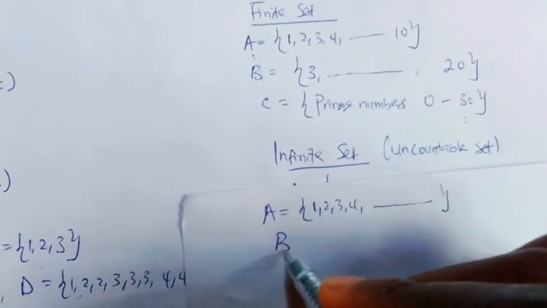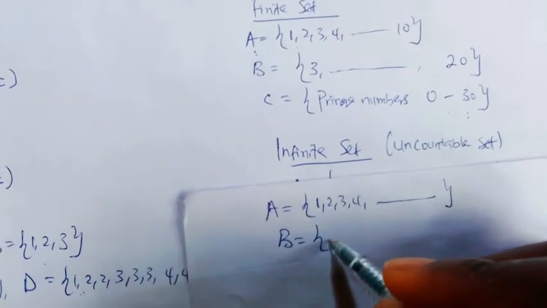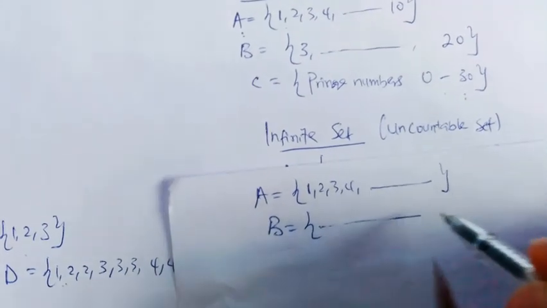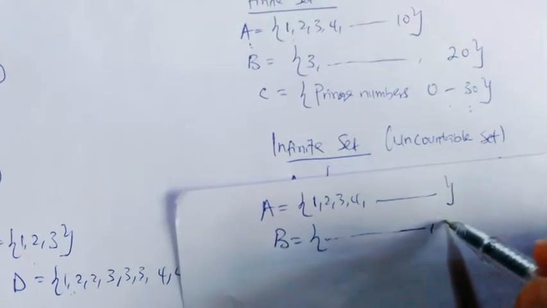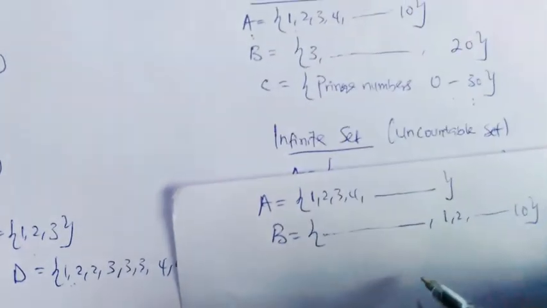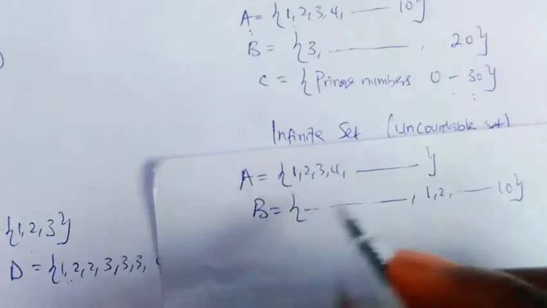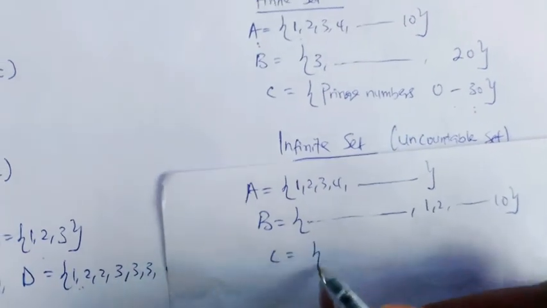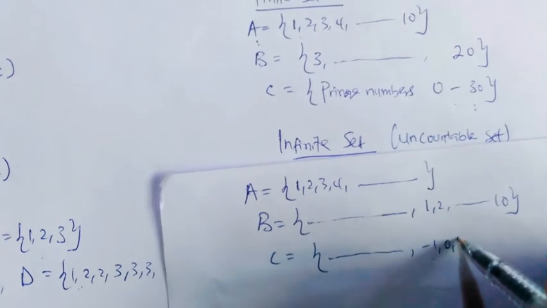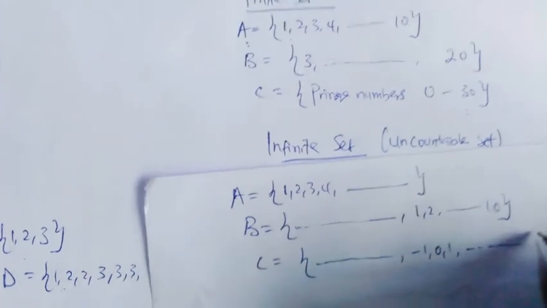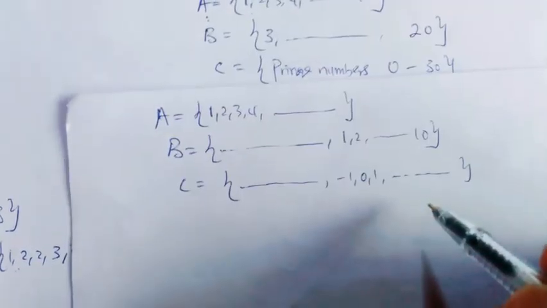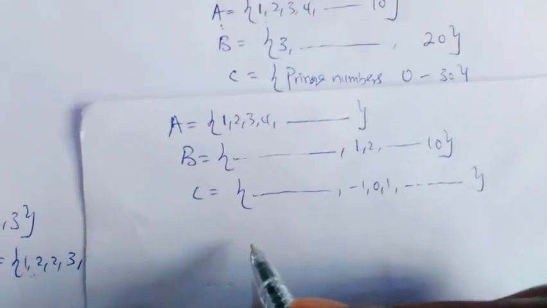Or a set such as this, we don't know the beginning, but we know where to end, 1 to 10 in that case. This is also an example of infinite set. Or a set such as this, we don't know the beginning, we don't know the ending. Those are examples of infinite set. Now that's about infinite set.